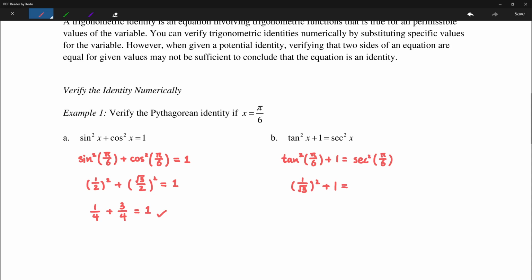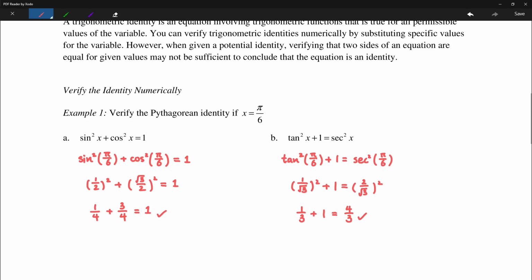So on the right hand side, secant square of pi over 6 is just going to be the reciprocal of the term we already found. So this is going to be 2 over root 3 all squared. So this would be 1/3 plus 1 is equal to 4 over 3. So of course that works as well.